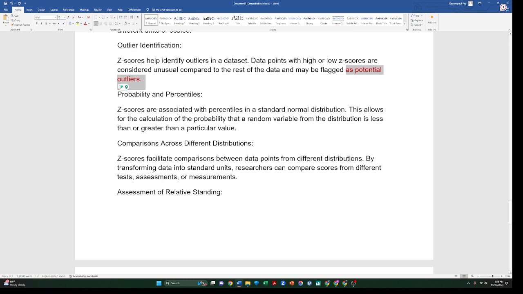Then comparison across different distributions: z-scores facilitate comparison between data points from different distributions. By transforming the data into standard units, researchers can compare scores from different tests, assessments, and measurements.